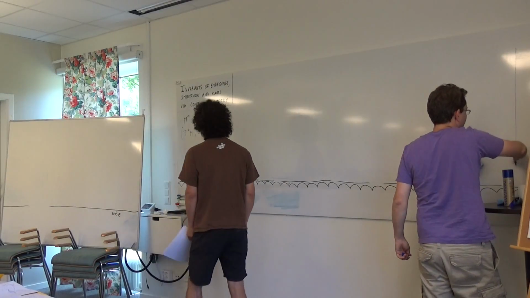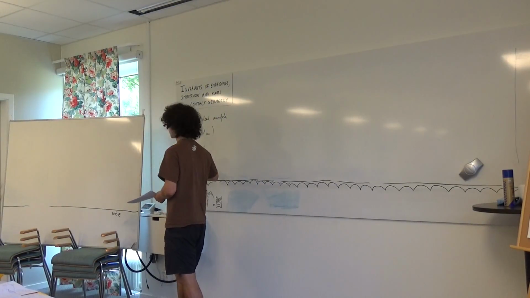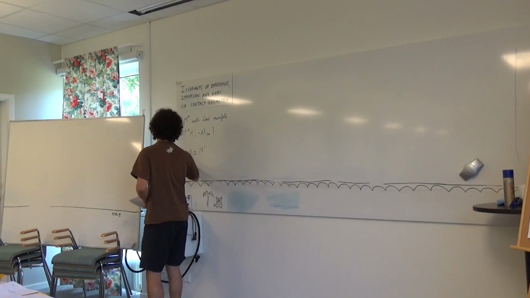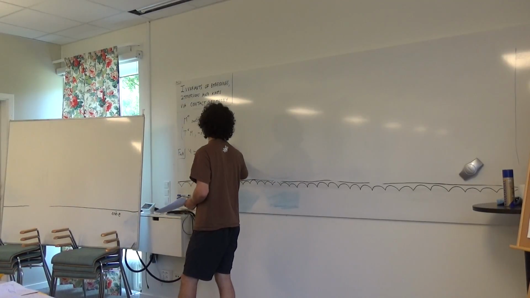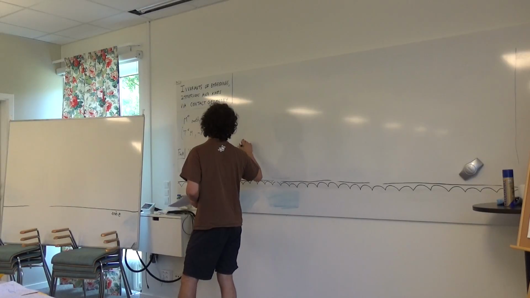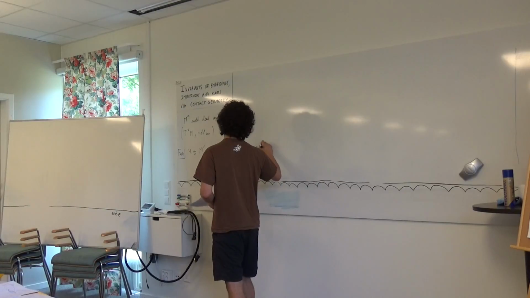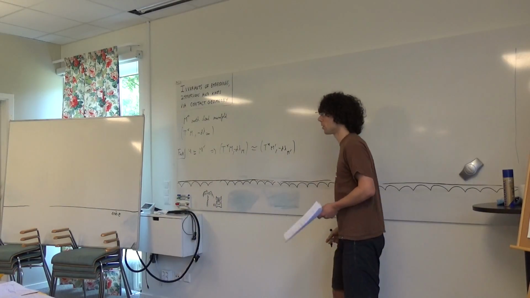And so, in fact, if you have a manifold diffeomorphic to M, this implies that the cotangent bundles are symplectomorphic.